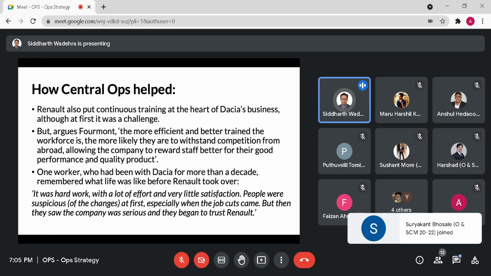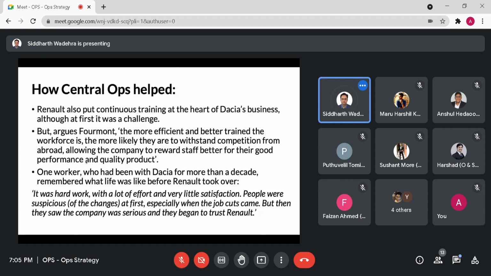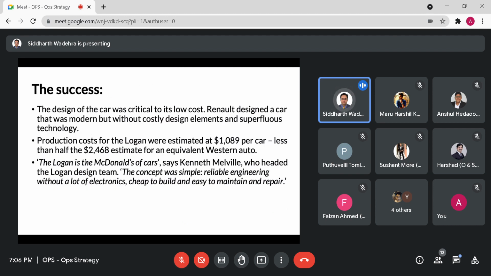We also saw that the central ops was tasked with training the workforce, and that training they put at the heart of the business. Initially there was a huge cultural challenge, and finally the organization was able to convince some of its suppliers to build within the facility.